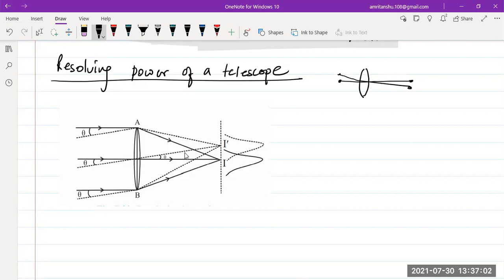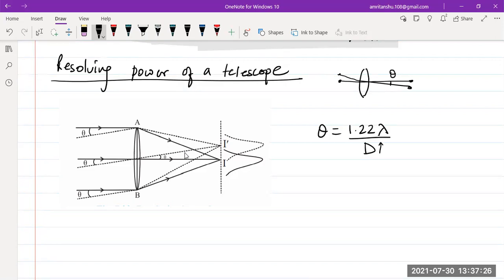So for the just resolved condition, from our Airy diffraction pattern, this theta is going to be 1.22 lambda by d. D here is again the aperture of the telescope. And how small will this angle be?